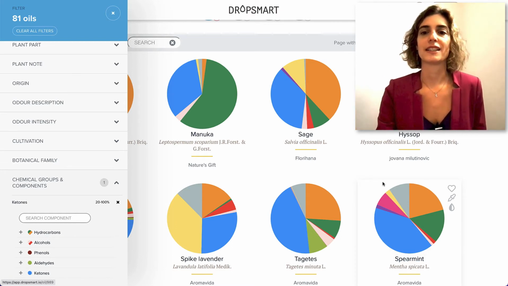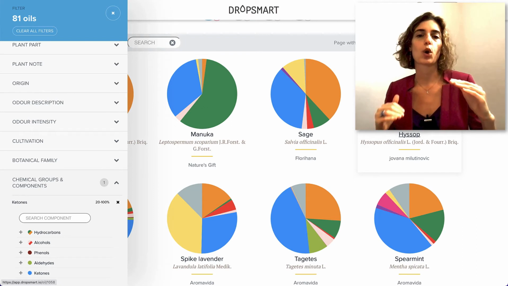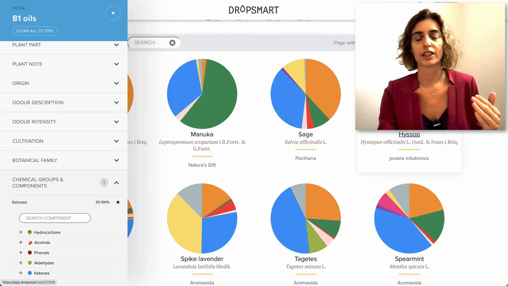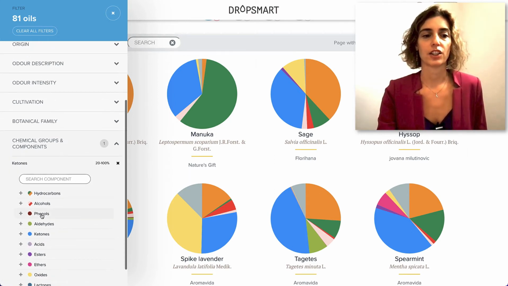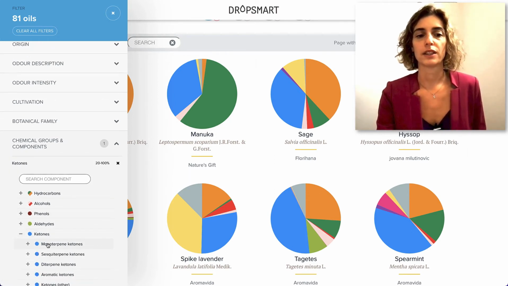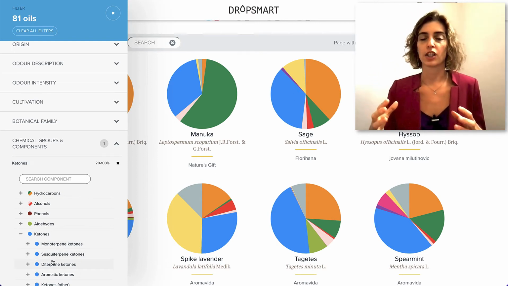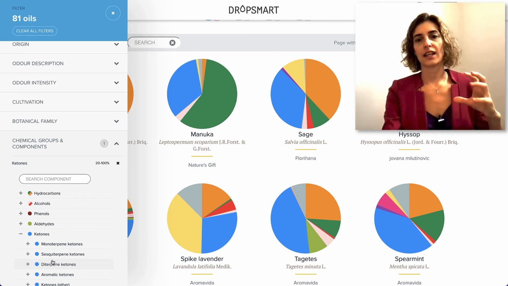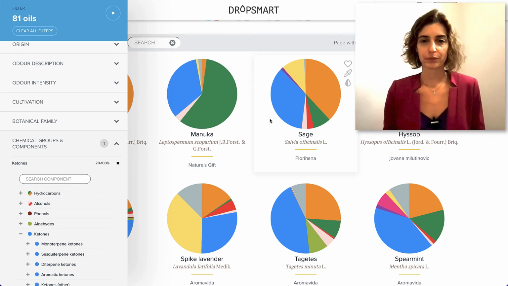Oils rich in ketones tend to go from middle to lower notes, this part of the oil, of course. So you should take a look at which ketone is in question. Are they monoterpene ketones, or a bigger molecule? That will determine if it will be more a middle smell like sage, or if it will go lower.